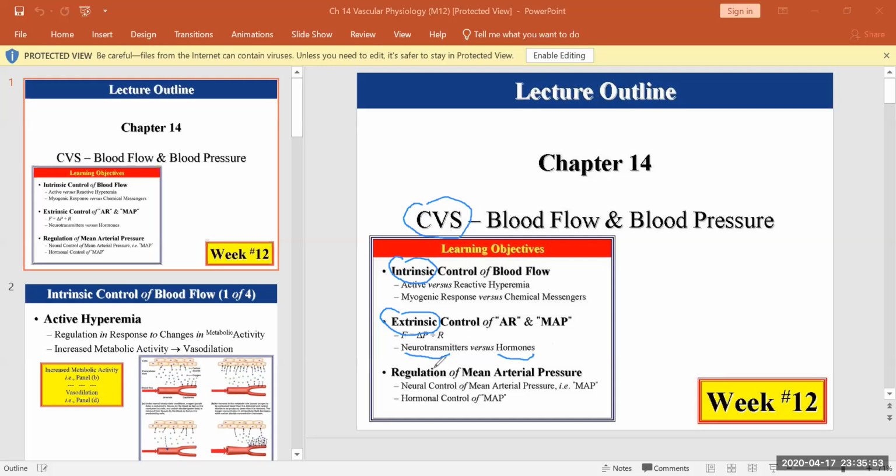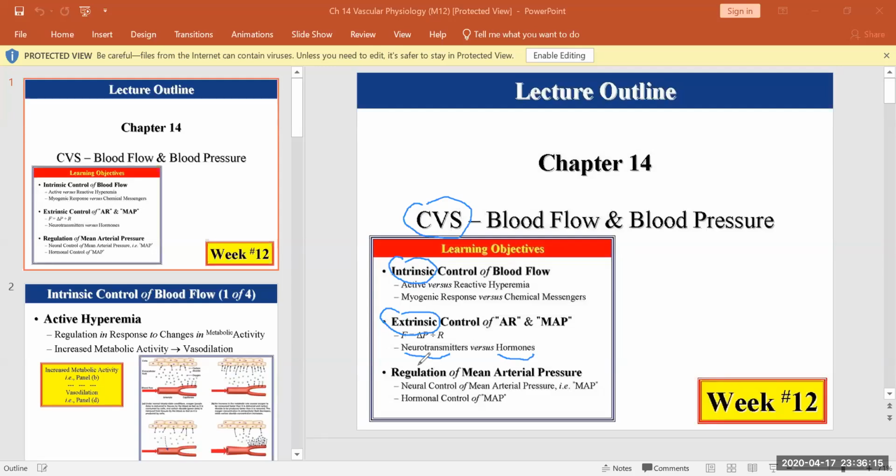And the last pillar of the lecture is about how to regulate this concept that we call mean arterial pressure, MAP, affectionately called MAP, but this has nothing to do with the regular map, right? This MAP is extremely important.